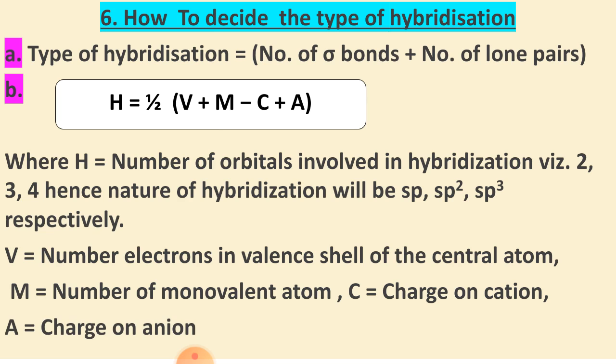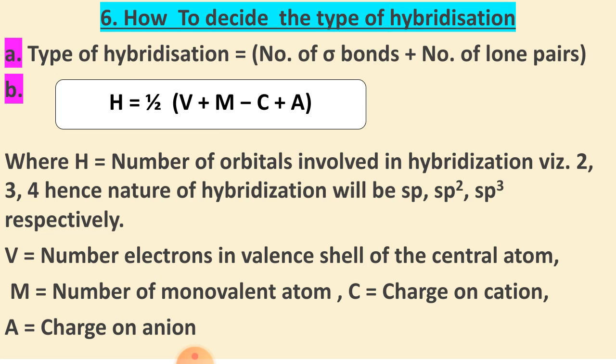Now, for example, if a question is given to you, PCl5, and you have to find the hybridization, you write H equal to half. Here the valence electrons in P is 5, plus how many monovalent atoms are attached in PCl5? 5. So 5 plus 5 equal to 10, minus any cations, no cations, so 0, plus any anions, no anions, 0.